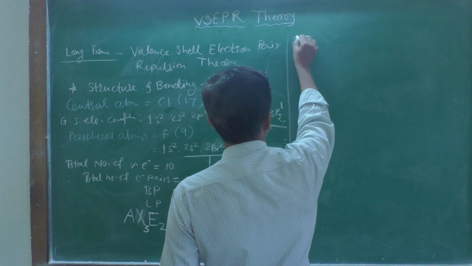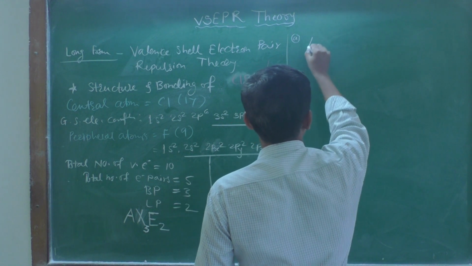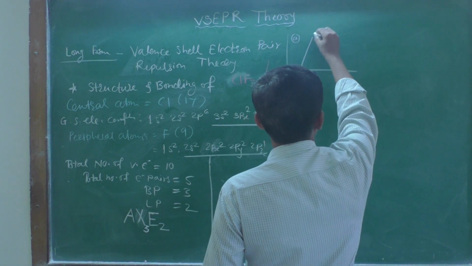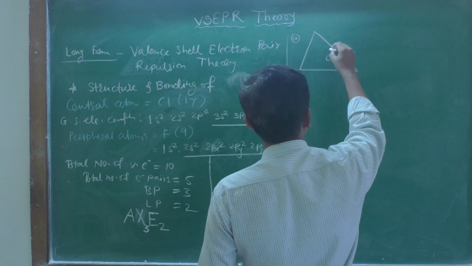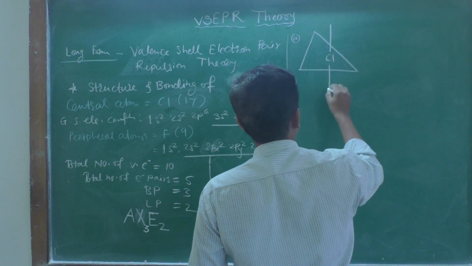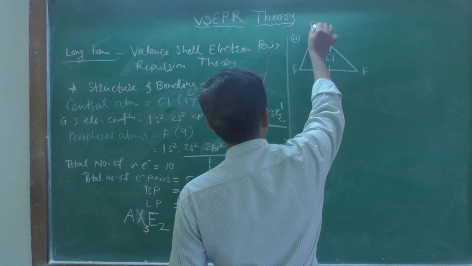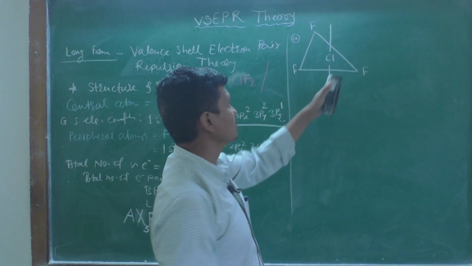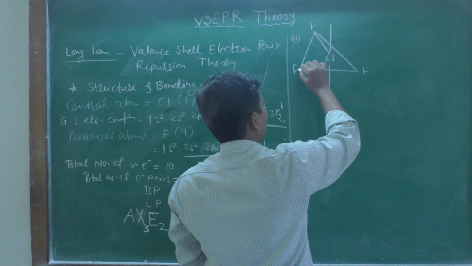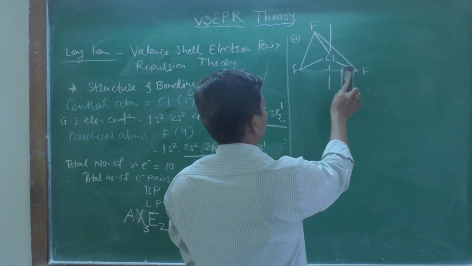So the first possibility is when we keep this central chlorine atom and all the fluorine atoms in a planar triangular face, all three bonded pairs. So this is bond pair 1, 2 and 3.